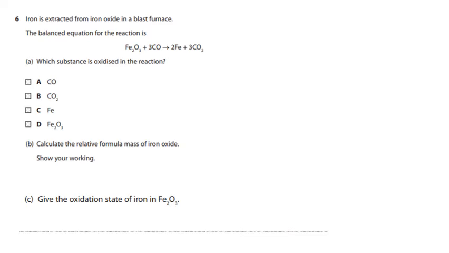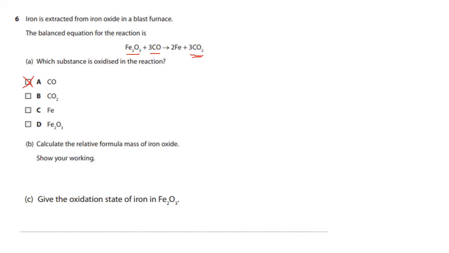Looking at the equation, the iron oxide loses oxygen. The carbon monoxide gains oxygen to become carbon dioxide. So oxidized, it's gaining oxygen. So I reckon it's the carbon monoxide. Yeah, is oxidized. Okay.